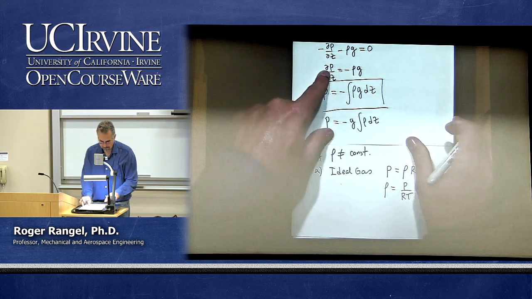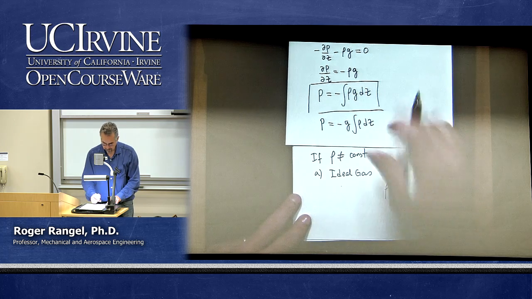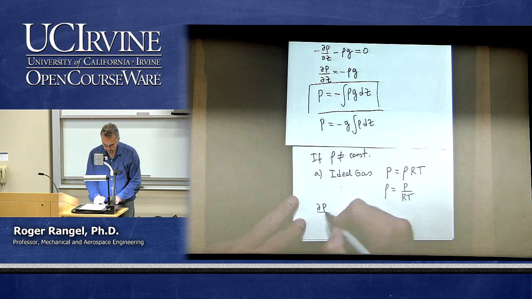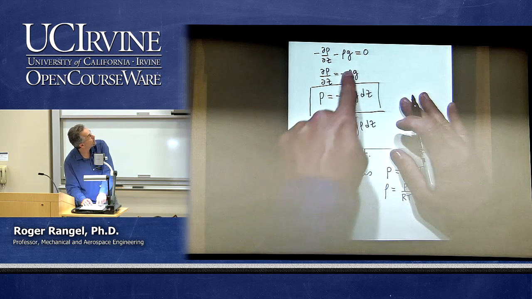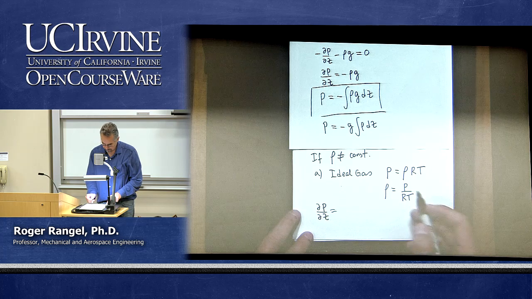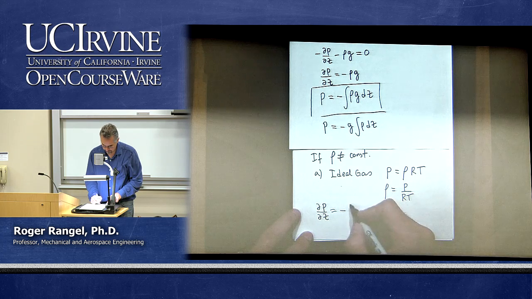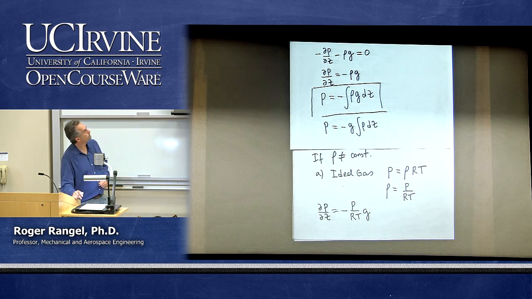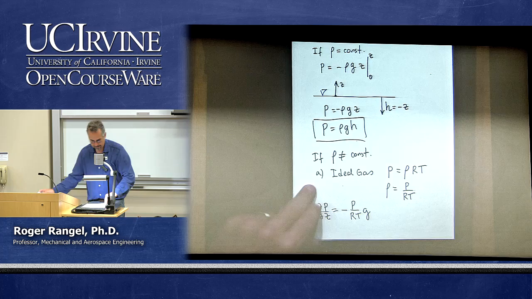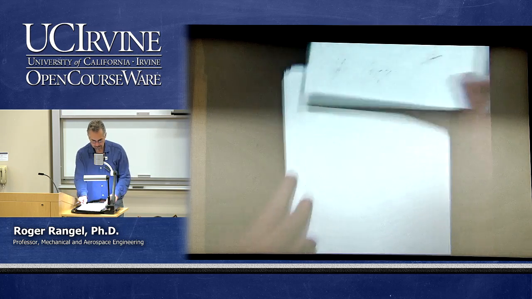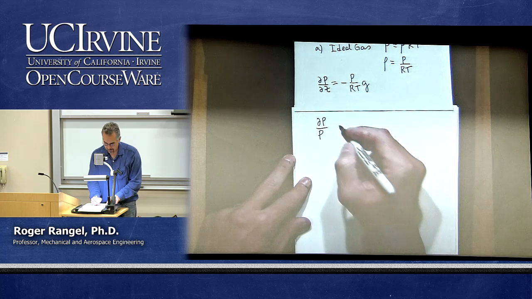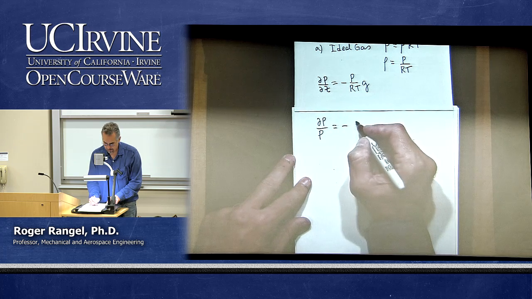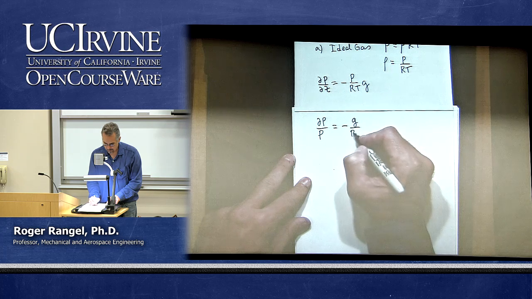And then I can go back to this equation and write dP/dz is equal to, remember, it was minus rho g, but I'm going to plug this in there, so I'm going to have minus P over RT times g. If I have that, then I can separate variables to integrate. So I can write dP over P equals minus g over RT dz.